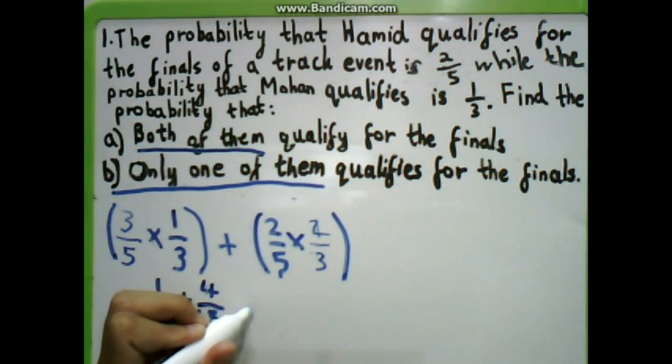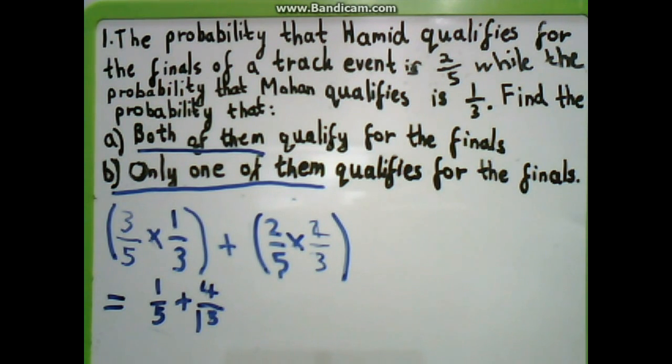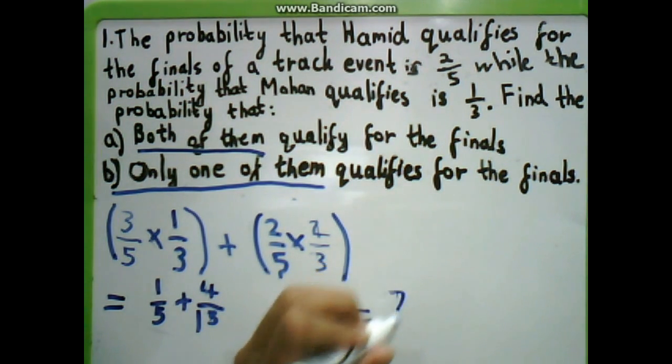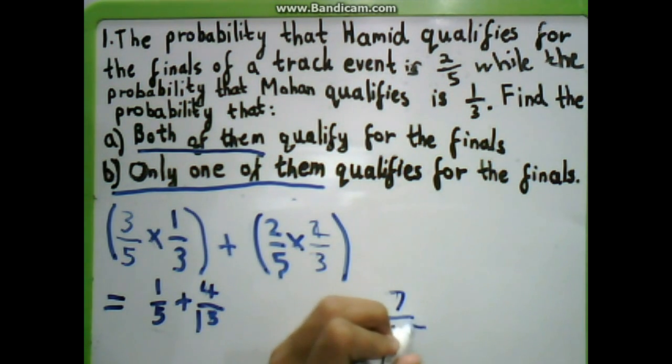So you add that, you should get 7 over 15. So that's the answer for B. Now I'll do this concept again on question 2.